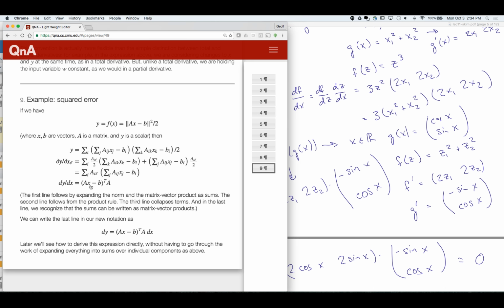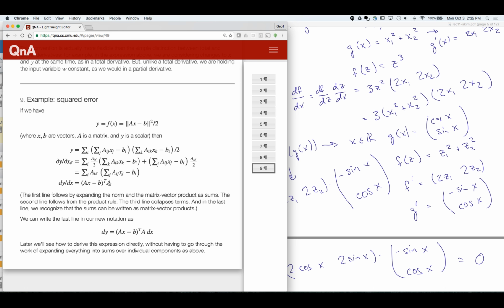And so this last line, we can reorganize it into our new notation to be this. dy is (Ax minus b) transpose times A times dx. And this, even though it's a fairly simple expression, it took us several lines of annoying summations to get to the conclusion.